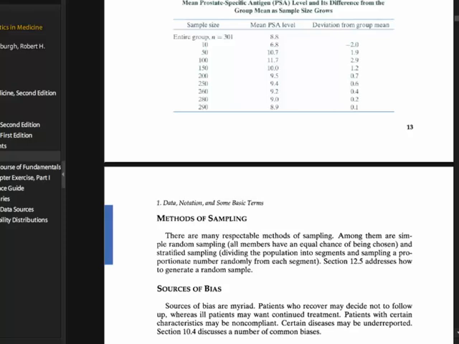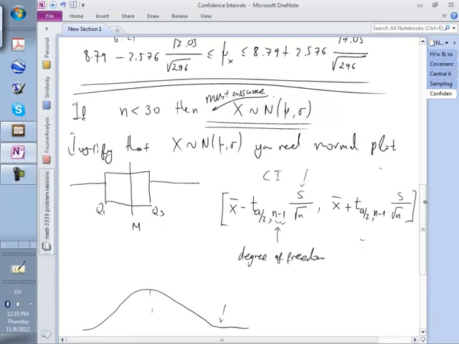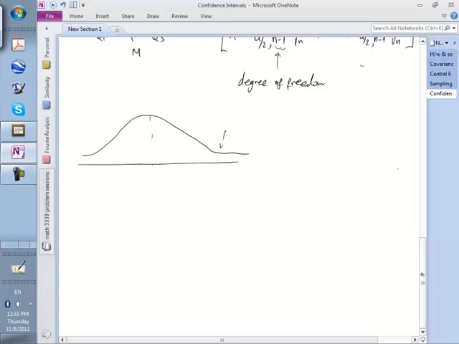Now I need to use the assumption that the concentration of PSA in men who are at high risk for prostate cancer is normally distributed. And let's try to solve the problem with this. So I have mean PSA level 6.8 and sample standard deviation 2.0. And let's solve the problem here.